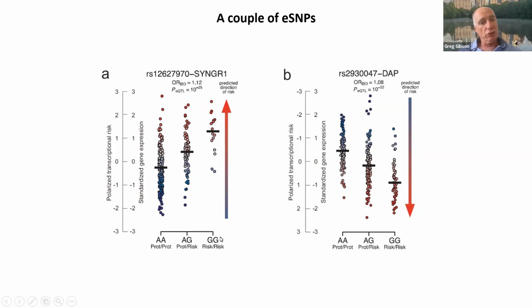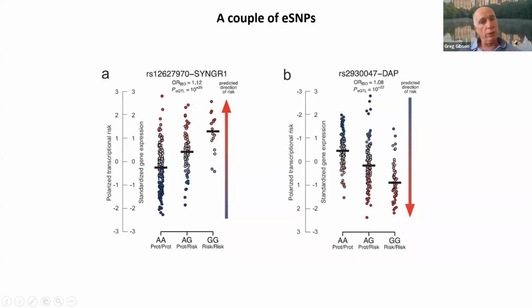So if you look at the GG homozygotes at this SNP, their mean expression is a little bit more than twofold greater than the total sample mean. The heterozygotes are somewhere in the middle, so maybe 50% greater. And because there are many more homozygotes for the A allele, the major allele, their average is slightly less than 0.